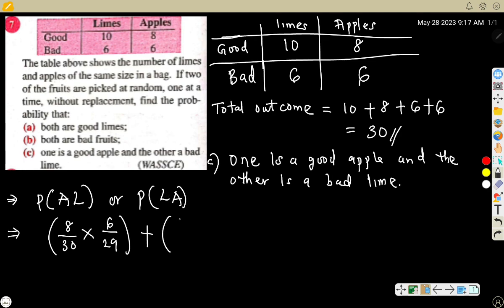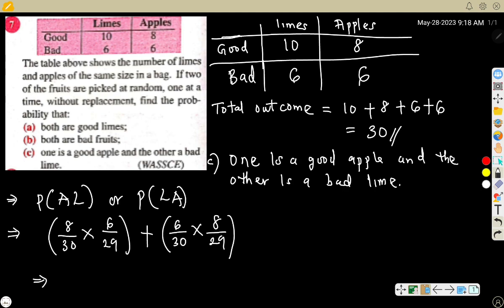So bad lime, that is 6 over 30 total number, and good apple, that will be 8 over 29. So like that.